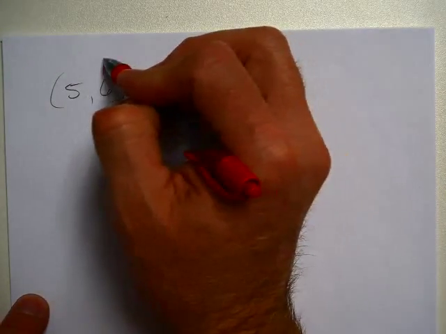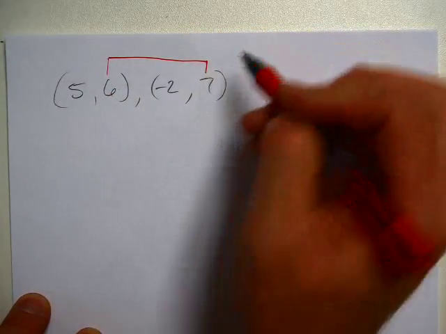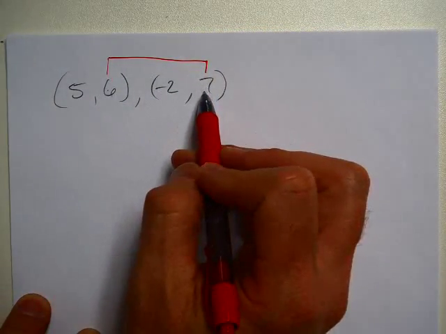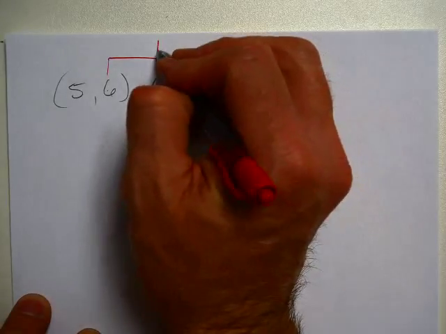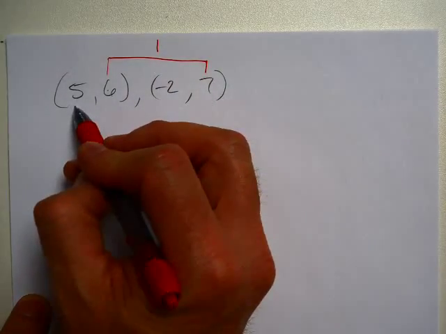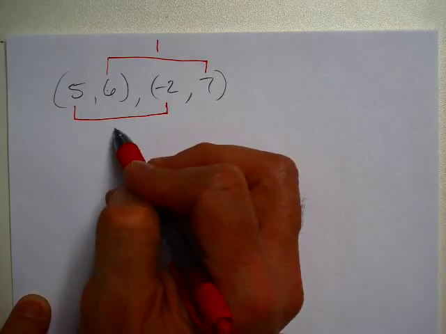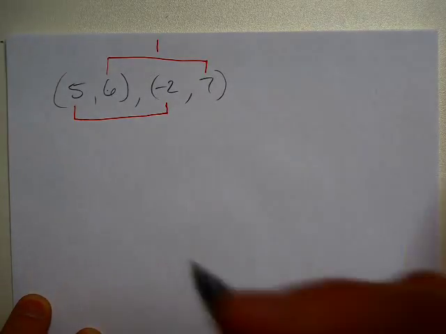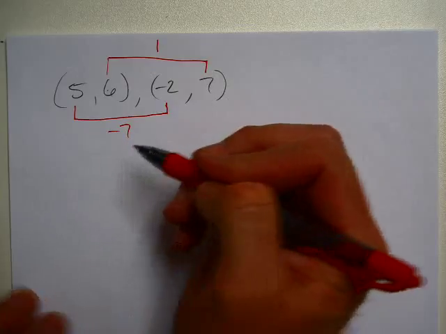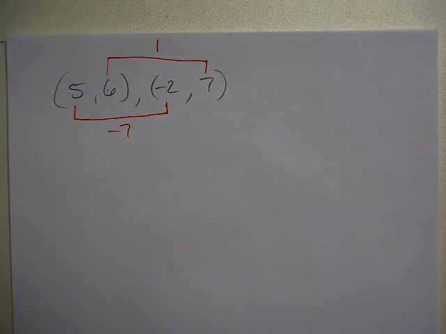How much traveling has to occur to go from 6 to 7? 1, right. And how much traveling has to go from 5 to negative 2? 7. That's true. It is negative 7. Although, what's going to happen to that negative when we square it? Right, it goes away.